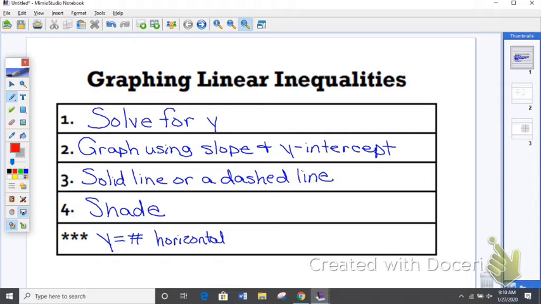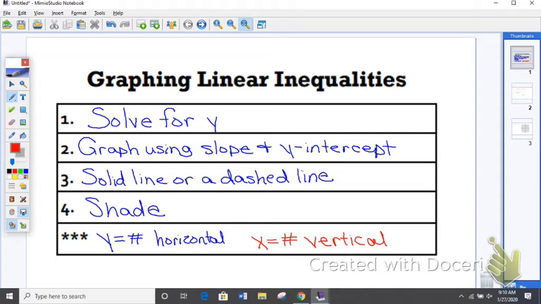And if we have just an x equal to a number, it's a vertical line. So those are the steps that we are going to be working with today.